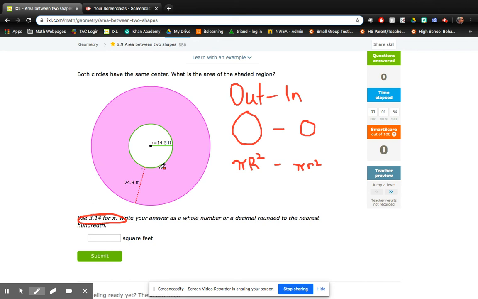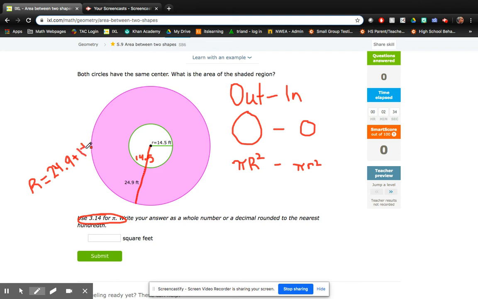Okay. So the first thing we need to know is, what is big R? So the radius has to go all the way to the center. So I don't just have the 24.9, but also the 14.5. So in order to find this big radius value, I need to take 24.9 and add to it 14.5.